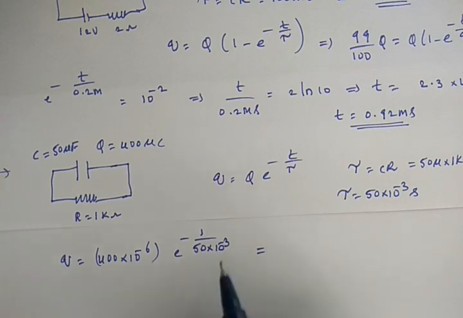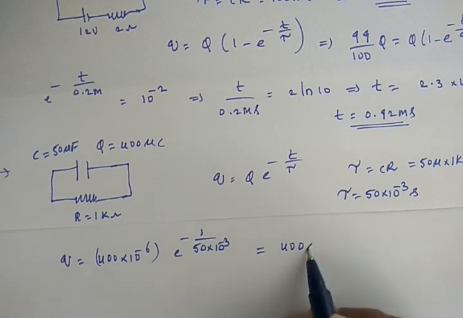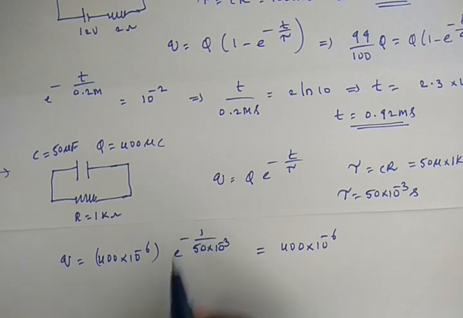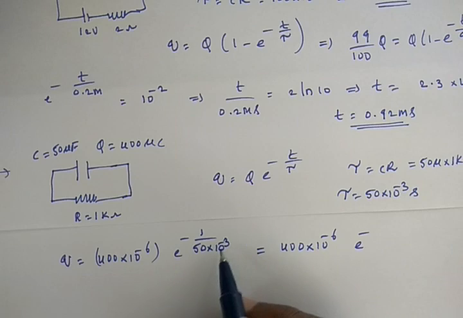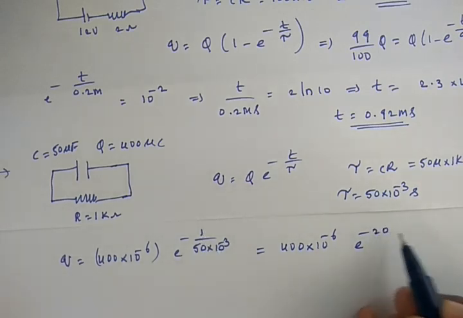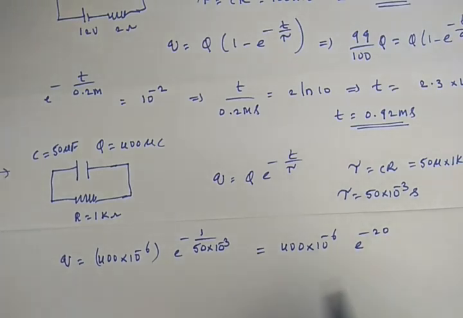So if you compute this, that equals 400 into 10 power minus 6, then e power this part. So you can write e power minus, if you forward this 10 power minus 3 here, you get 1000, then 1000 by 50 will be 20. So now Q will be equal to, if you compute this, your charge will be 8.33 into 10 power minus 13 coulomb.